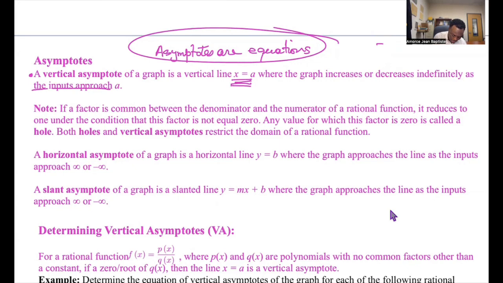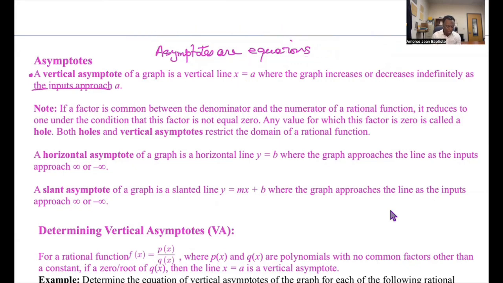So that said, when you're looking for the domain of a rational function, you set the denominator not equal to 0, and you find the condition of existence of the function. And this condition is used to find the equation of the vertical asymptote.